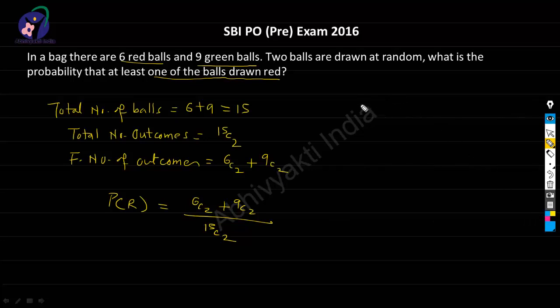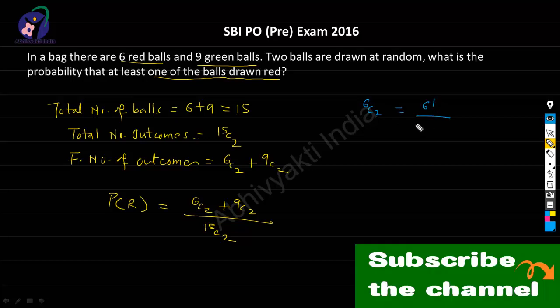So here 6C2, we solve this as 6 factorial upon 2 factorial into (6 minus 2) factorial, that is 4 factorial. So 6 into 5 into 4 factorial upon 2 into 4 factorial. This 4 factorial will get cancelled. 2 3s are 6, so it will be 5 3s are 15.